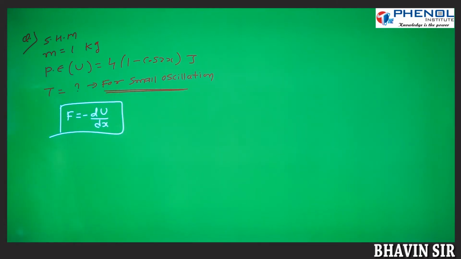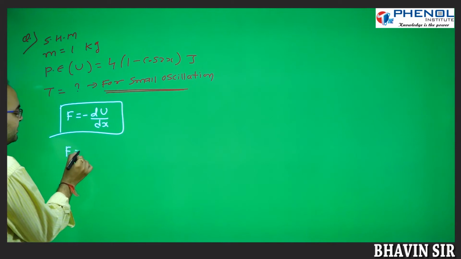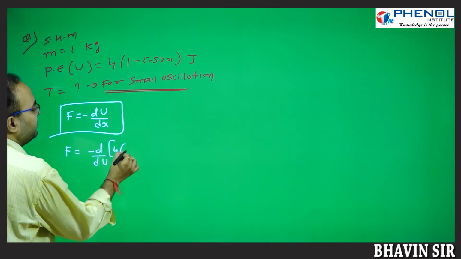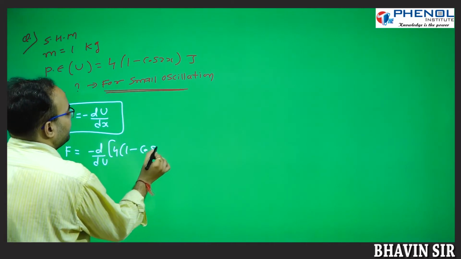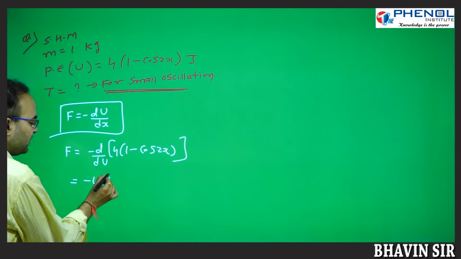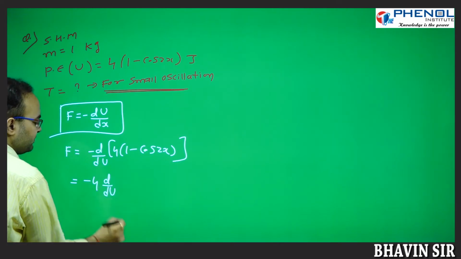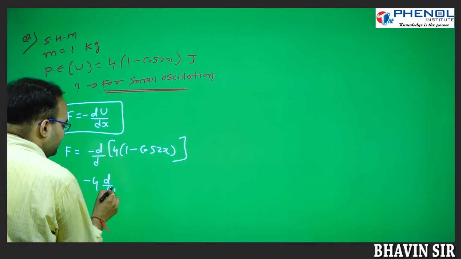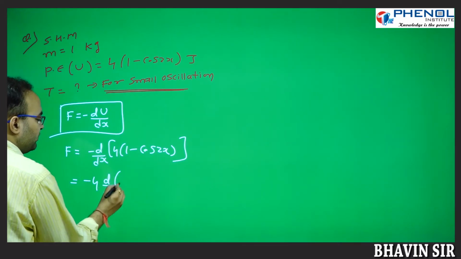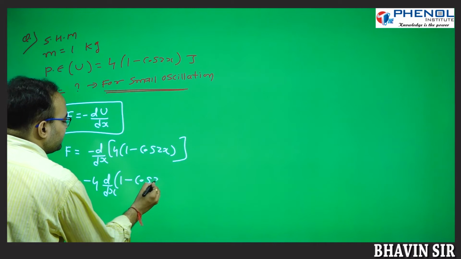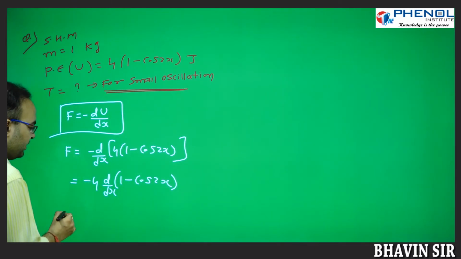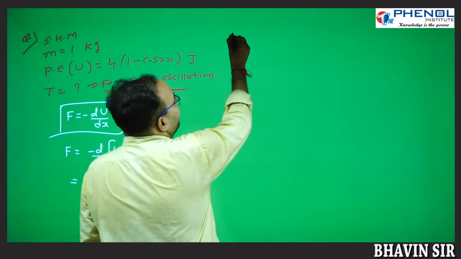Chalo, so see, what is the potential energy now? 4 in bracket 1 minus cos 2x. Students, 4 is constant, so outside, minus differentiation of 1 minus cos 2x. Now what is the answer of differentiation?